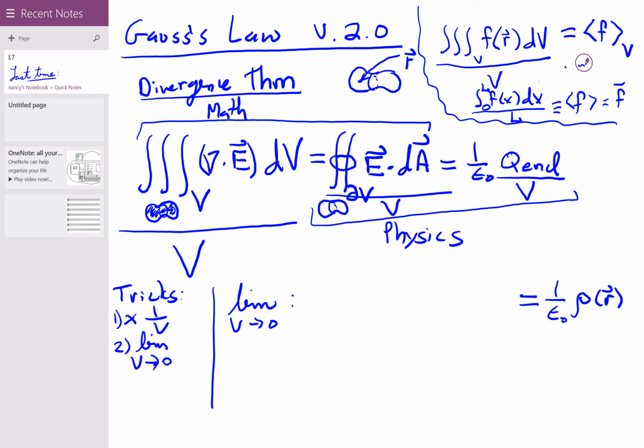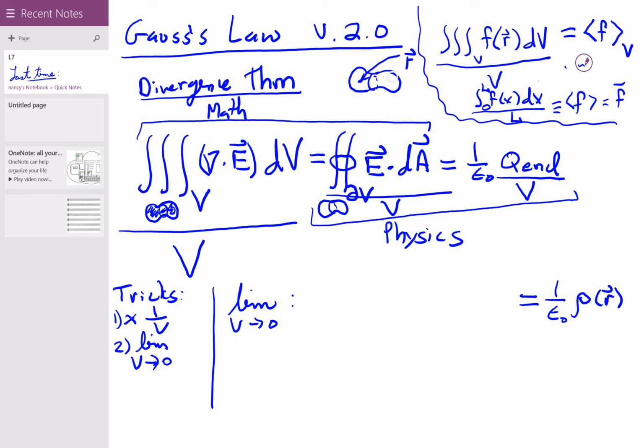So this whole left-hand side then becomes just the average value of the function I'm integrating, which is the divergence of the electric field. But it's not just any average, right? We're taking this limit as we're shrinking our volume down. So it's the average value of the divergence in this tiny little volume that's shrinking down to this one point.